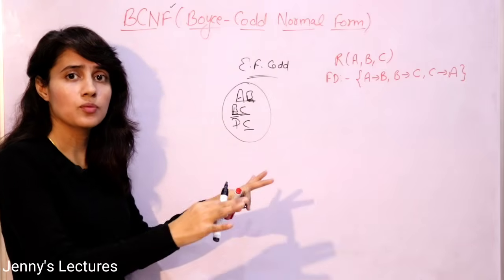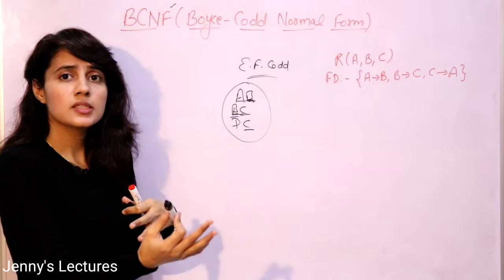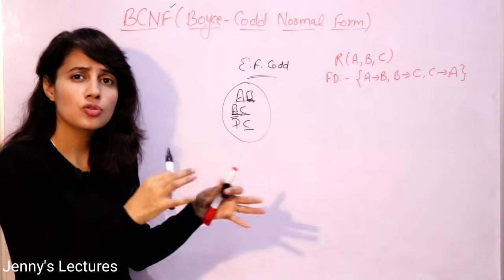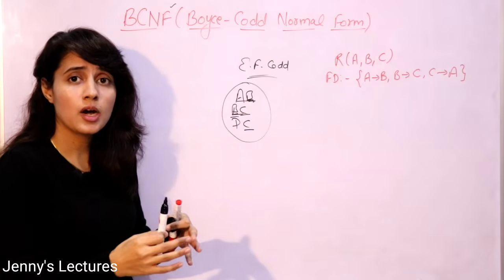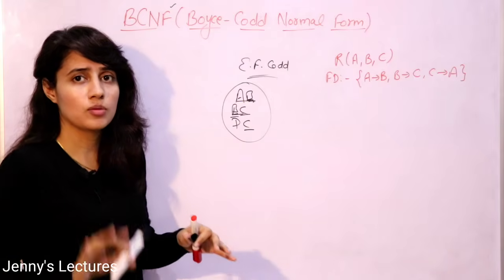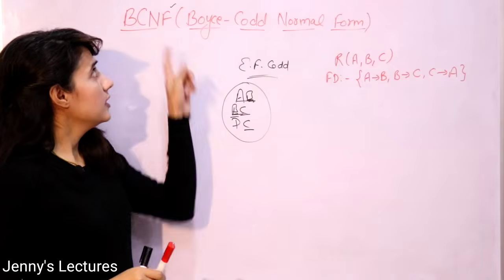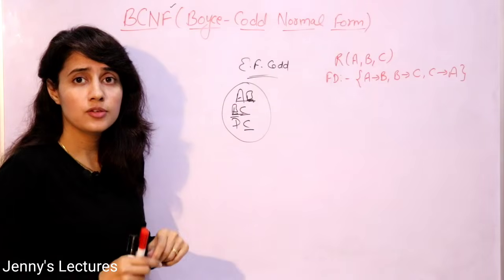And after this video, we will discuss what is decomposition, and after that we will discuss if a particular relation is not in a desired normal form, then how to decompose that relation, how to convert that relation into desired normal form.